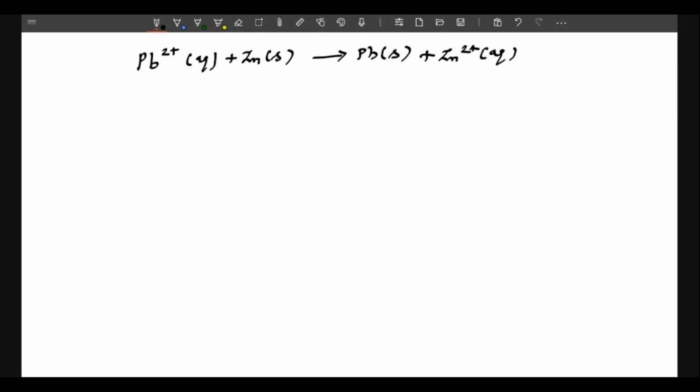What is the EMF generated by this voltaic cell?